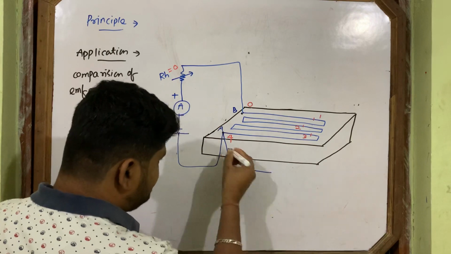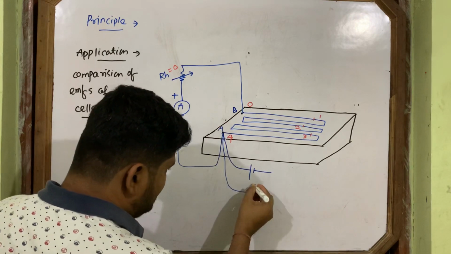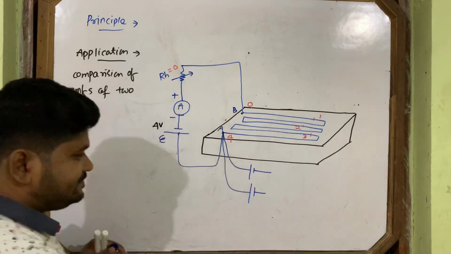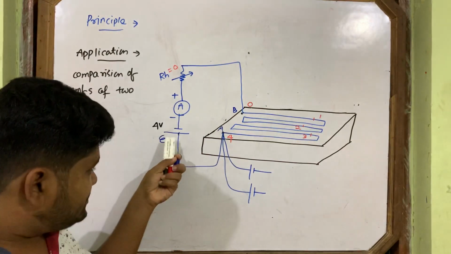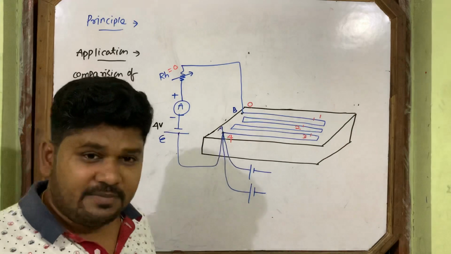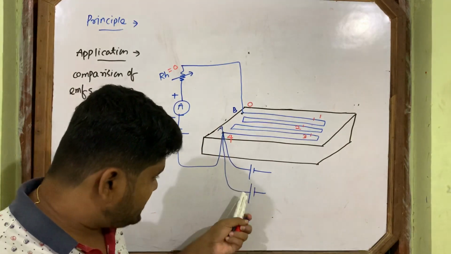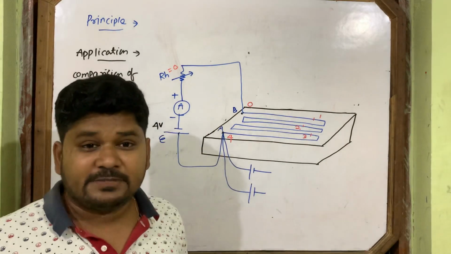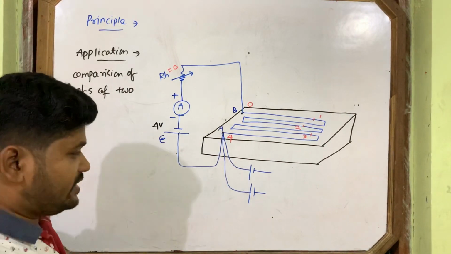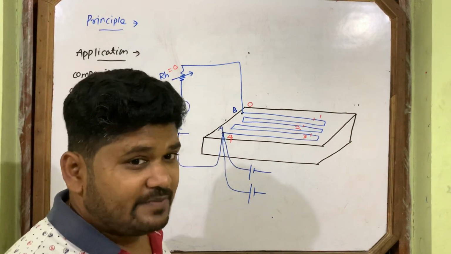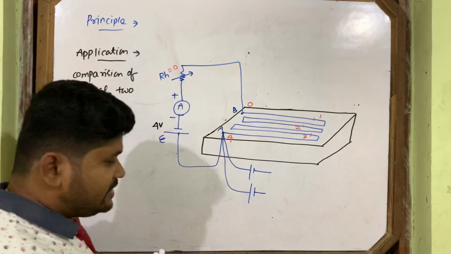Another wire, connect another cell. But the important thing is, the positive terminal of the driver cell is connected at A. Also the positive terminals of the two experimental cells you have to connect at that point. That is important. If you connect negative, then you will face a problem. That one I will tell you later.